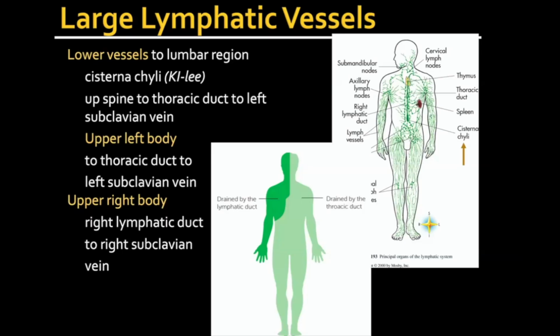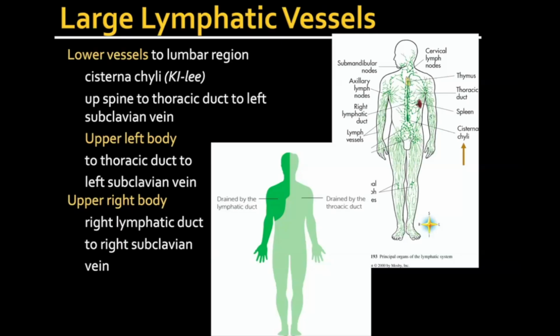But then look in the light green. Everything in the upper left body and the lower extremities drains into the thoracic duct, into the left subclavian vein. Why is it uneven? I couldn't find the answer for you anywhere.